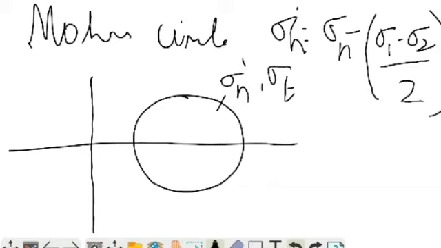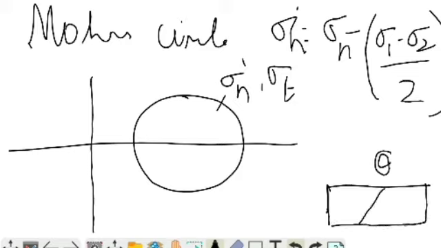And for any inclined plane inclined at theta angle, what we have to do is, so at theta equal to 0, the only stress is sigma 1.